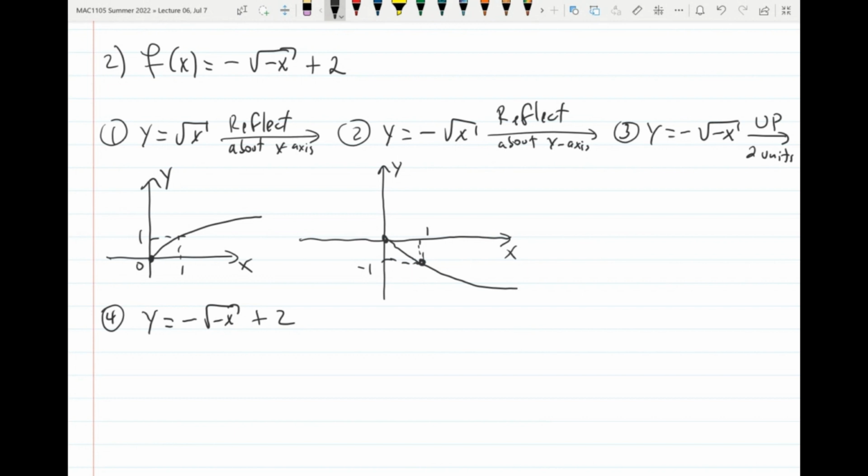We're going to reflect about the y-axis, so now we turn this to the other side, okay? So the in-between steps is up to you which one you want to use, okay? So you could decide to reflect about the y first and then about the x. It doesn't matter. The point is that once you reach step 3, you're going to end up in this location.